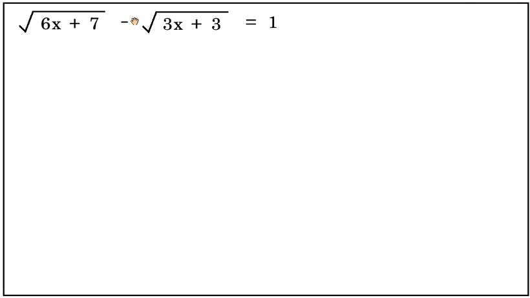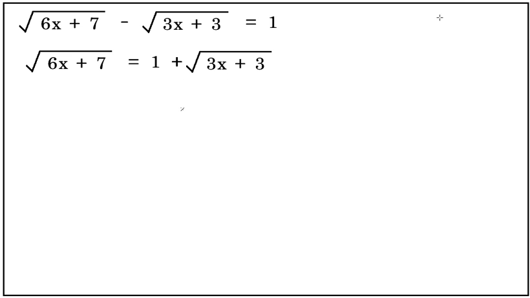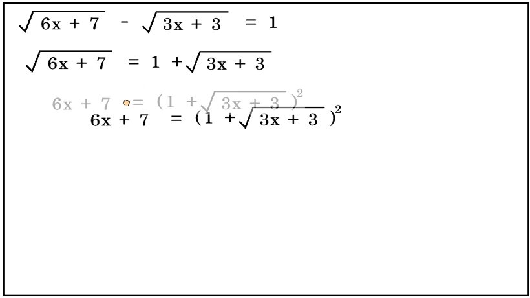However, the first move is to isolate the radical. Whenever you're solving a radical equation, you must do that. And so I'm going to add this to both sides. And that's what happens here. And I've essentially isolated this radical. And now we take the square of both sides. And that will eliminate this radical from the left-hand side, giving me just 6x plus 7 over there.